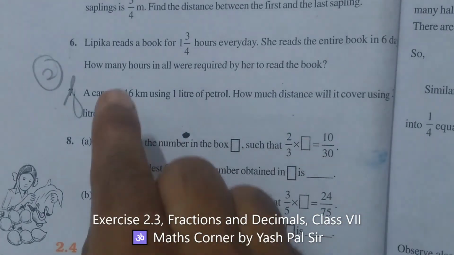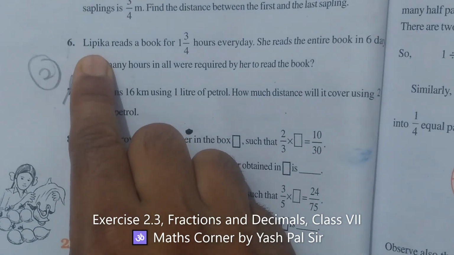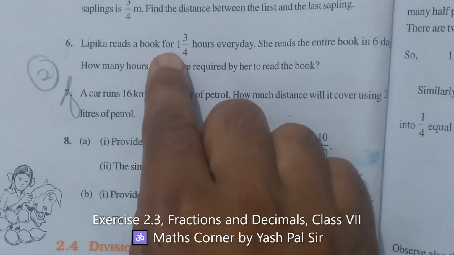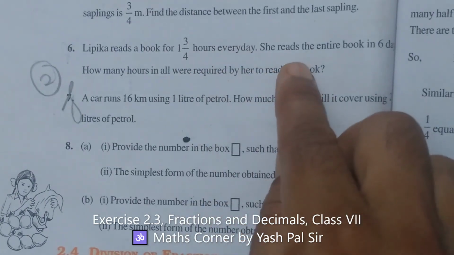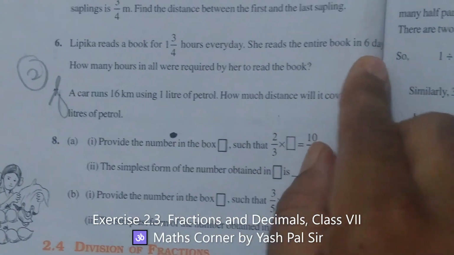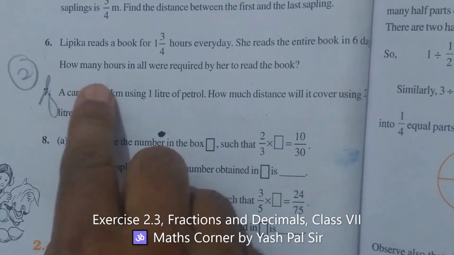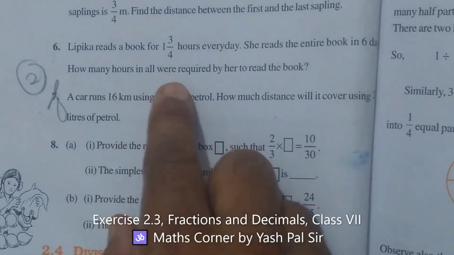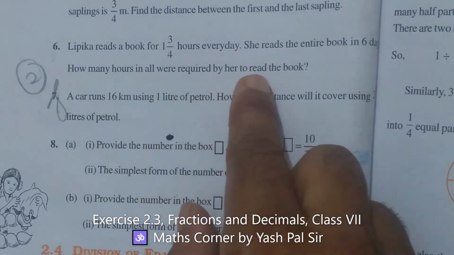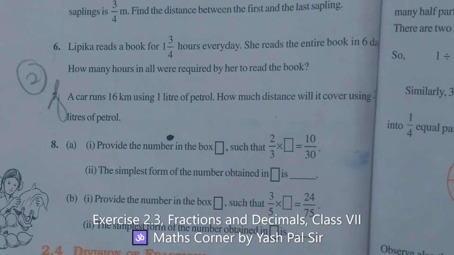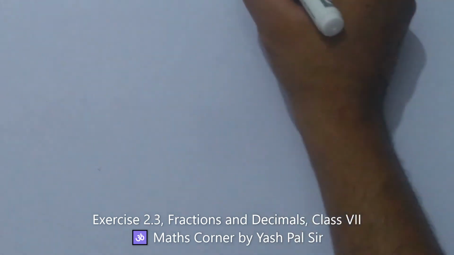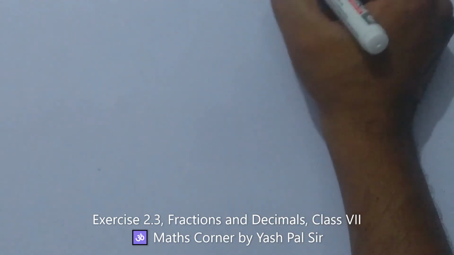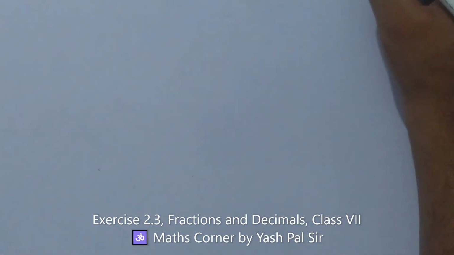Now coming to next question, question number 6. Lipika reads a book for 1 and 3 by 4 hours every day. She reads the entire book in 6 days. How many hours in all were required by her to read the book? So here 1 day reading is 1 and 3 by 4 hours every day.